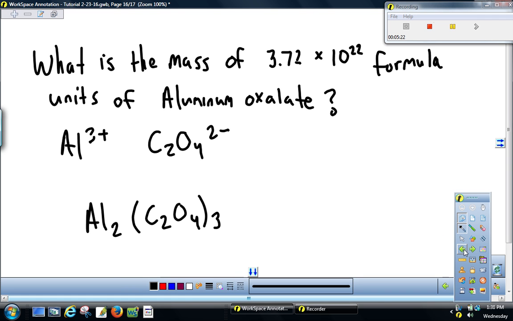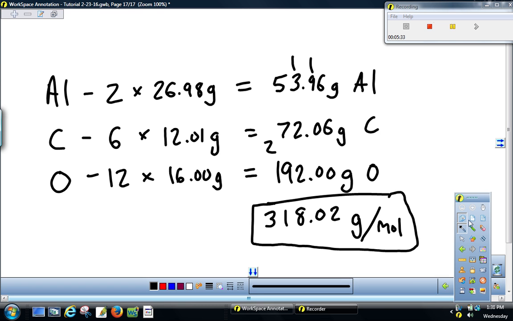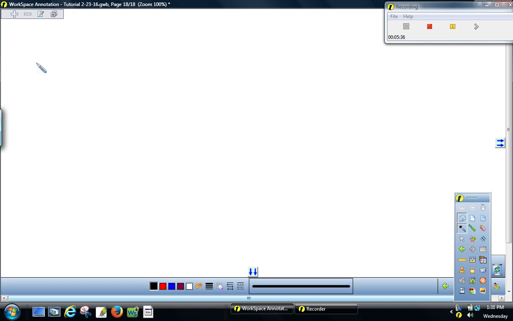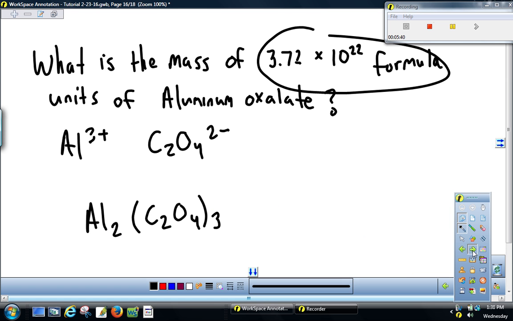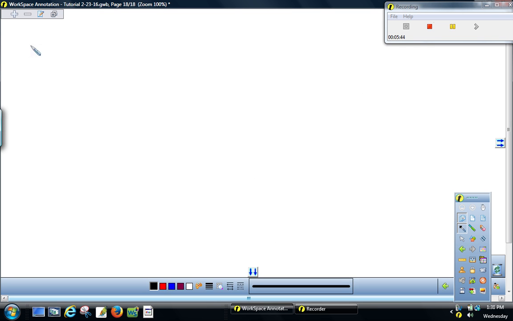So now how do we set the problem up? This is what we know. This is how many formula units. Formula units are basically the simplest ratio of ions within that crystal lattice, so it's almost like the chemical formula of a salt. We're going to take 3.72 times 10 to the 22nd, and put it over top of 1.